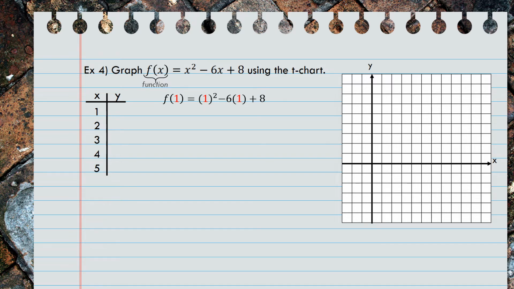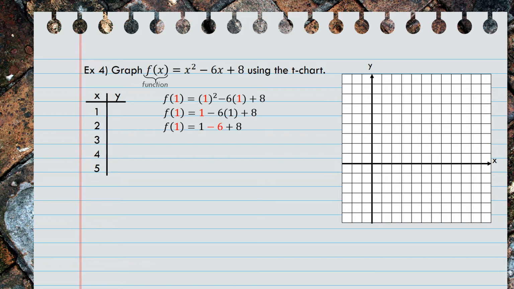From here we do GEMS. We have no grouping symbols, but we do have exponents. 1 squared is the same thing as 1 times 1, which we know to be 1. Next we move on to multiplication division, and we do have multiplication. Negative 6 times 1 is negative 6.